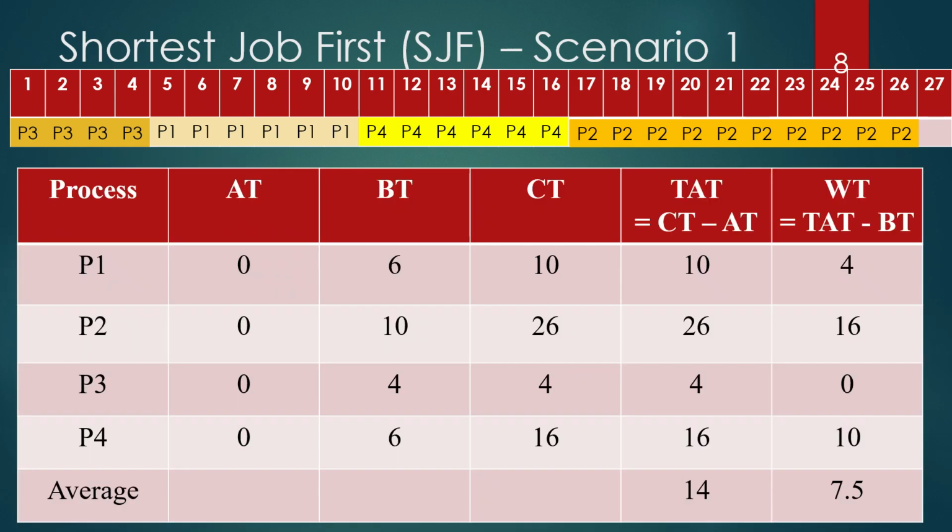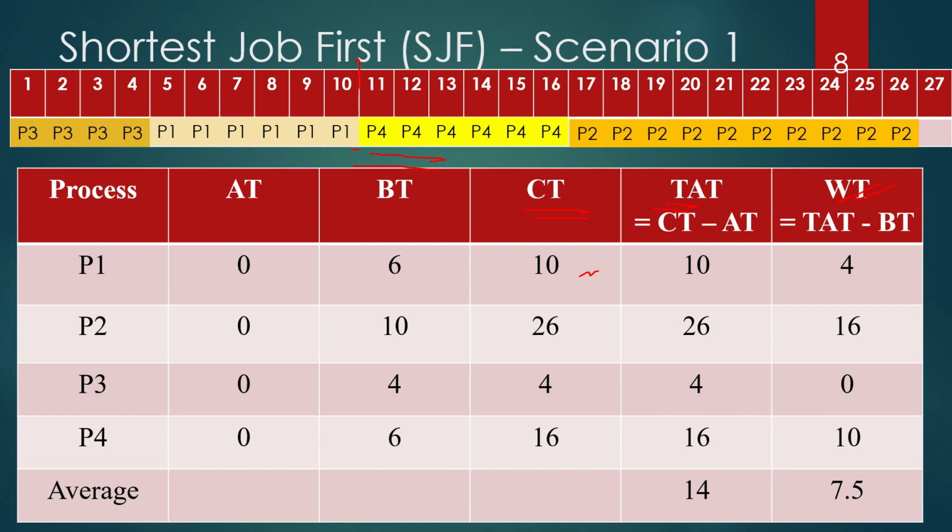So this is the final Gantt chart that we have generated while executing the processes P1, P2, P3 and P4. From this Gantt chart, we are going to calculate the turnaround time, completion time, and waiting time. As we have seen in the formulas, completion time is marked from the Gantt chart when each process completes. P1 has completed at time 10, so I have noted 10.